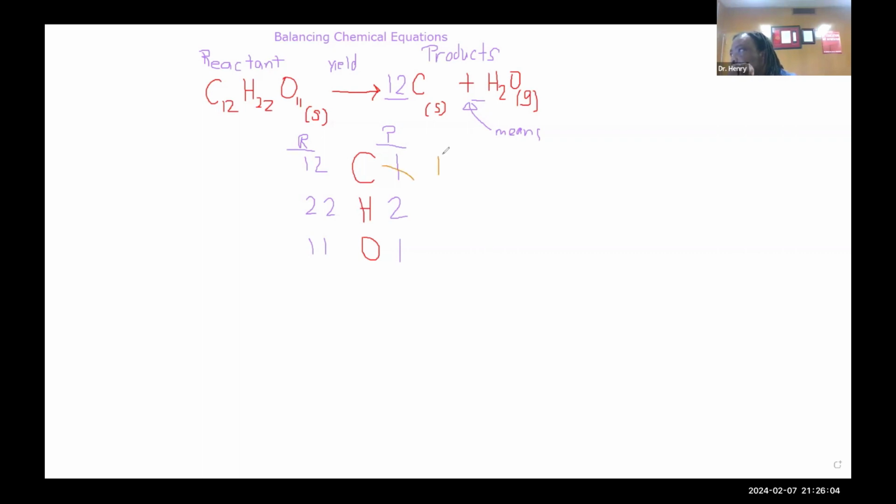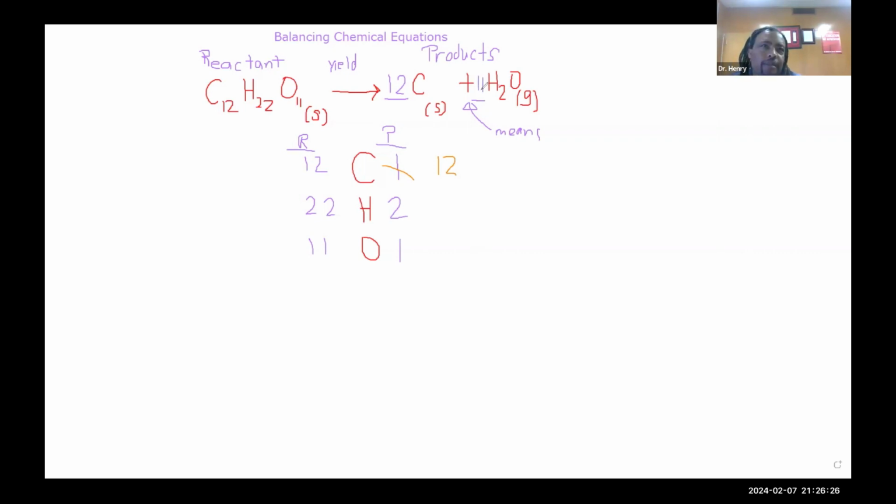So now we have 12 on our products. Now we have H2O. So we have 2 hydrogens. So what times 2 will equal 22? 11. So we're going to put an 11 in front of the H2O.